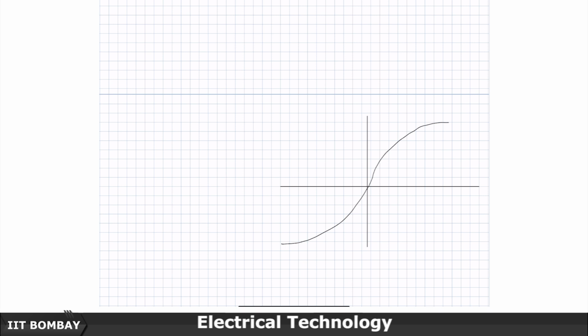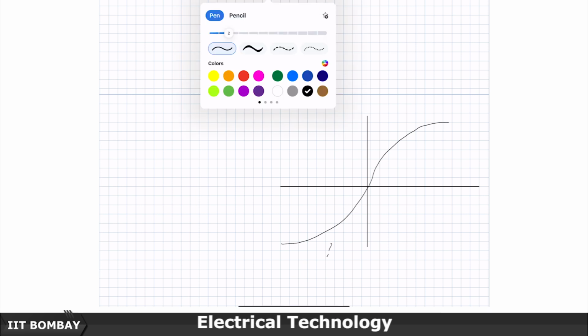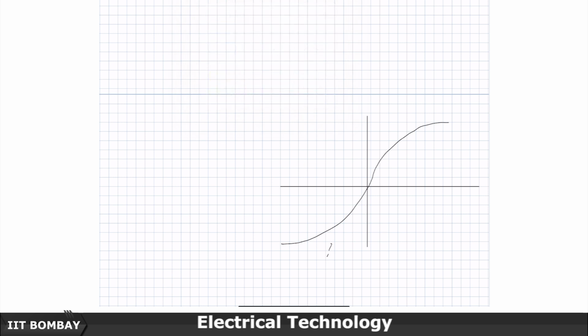I would have to fix some point until which the description is B equal to mu 0 mu r H, and I would have to fix another point. This is until H up to which I will call H knee, and here I will call this minus H knee.